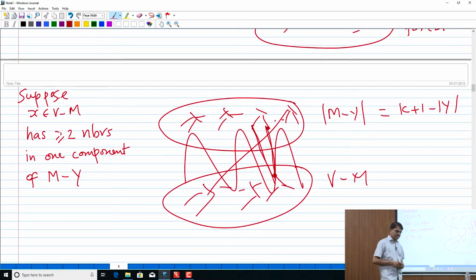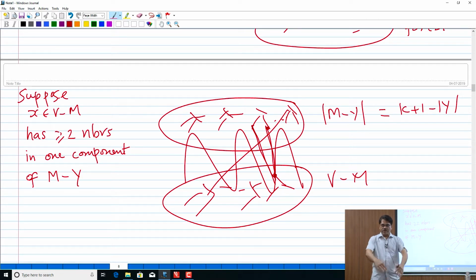Yes, so that vertex x has to be in any solution I am looking for. Why? Because x is forming a cycle, and x is the only vertex sitting here. Everybody else is out there in M minus y, from which I am not allowed to pick any vertex anyway. So in the solution I am seeking, x is the only vertex sitting here, so I have to pick x.